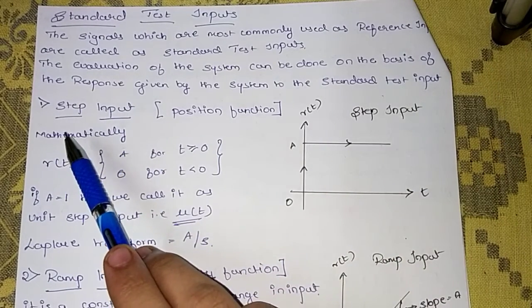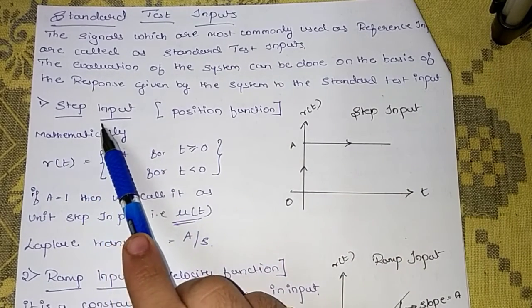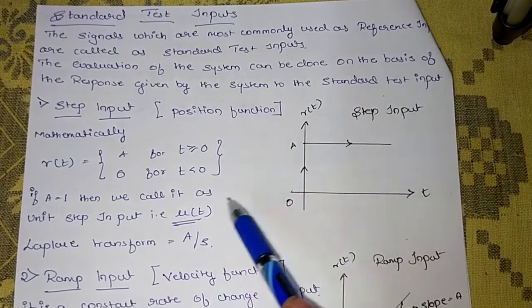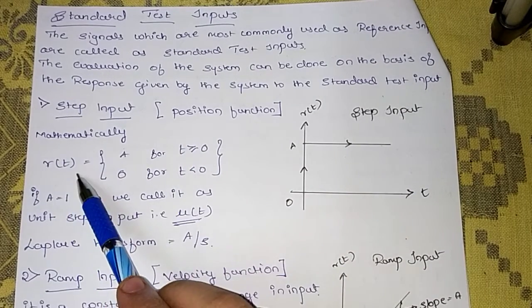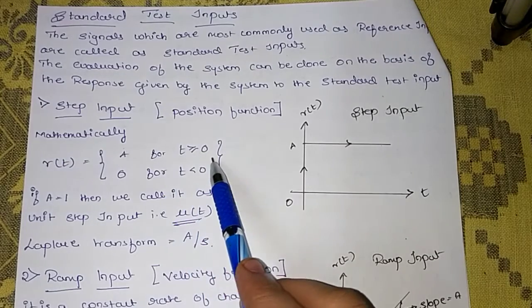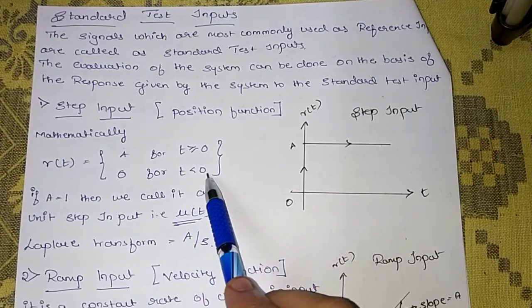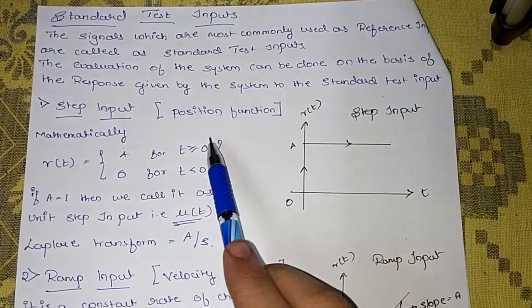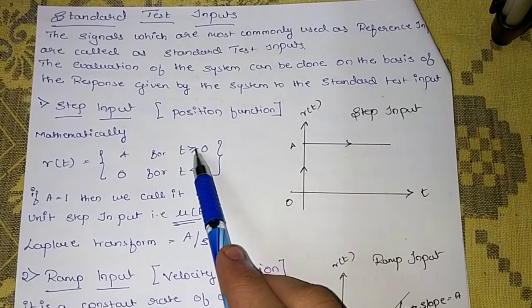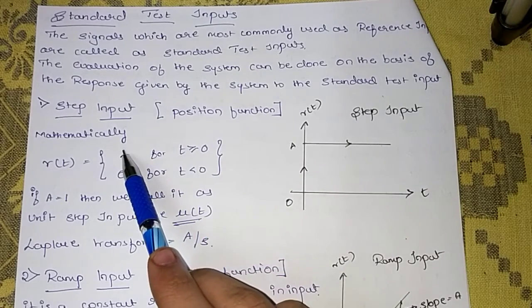The first standard test input is the step input, the position function. Mathematically, r of t equals a for t greater than or equal to 0, and 0 for t less than 0. If the time is greater than or equal to 0, the value of the signal is a constant.